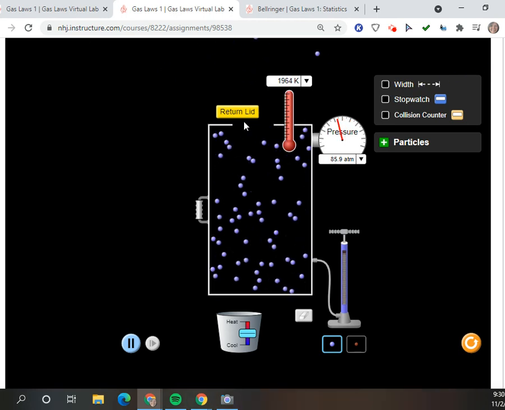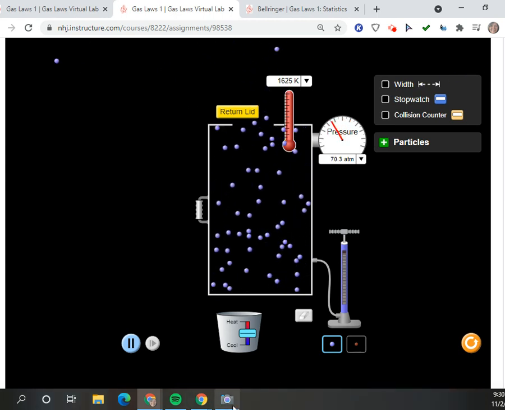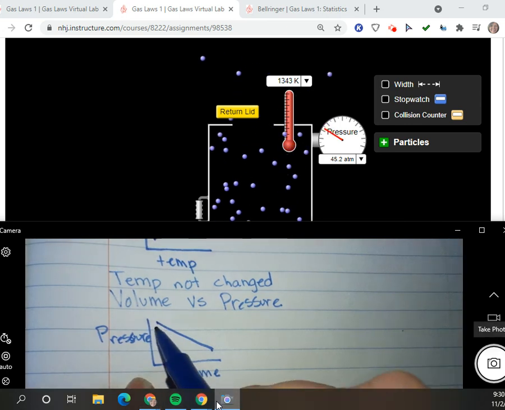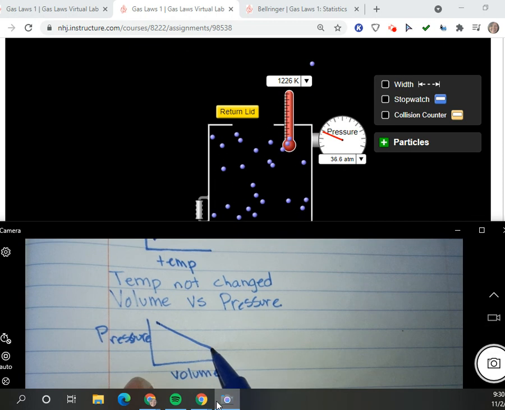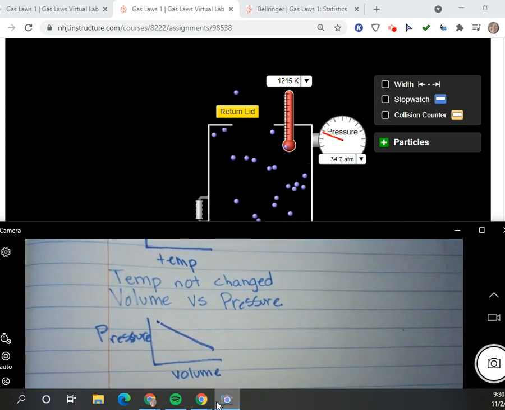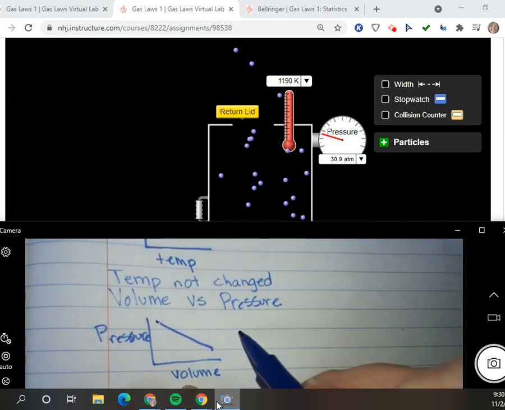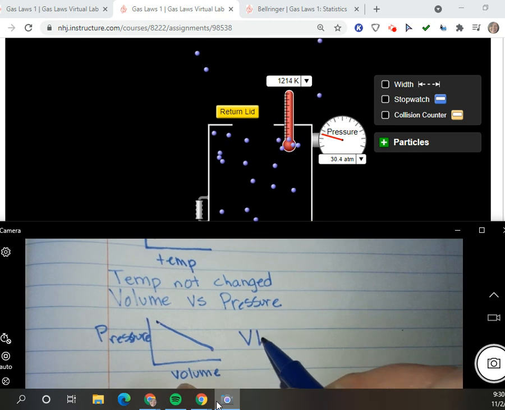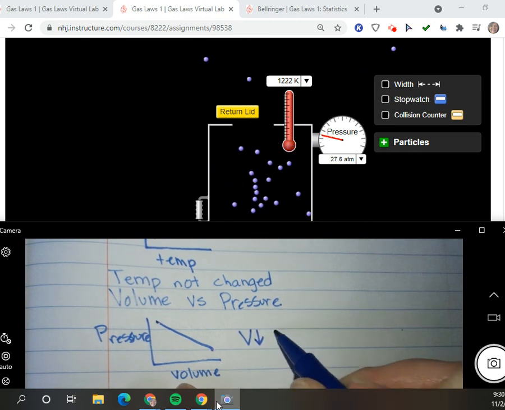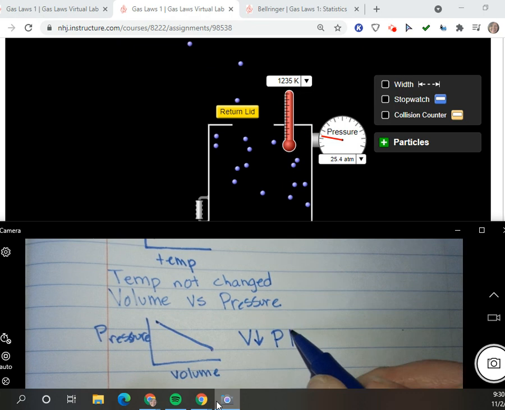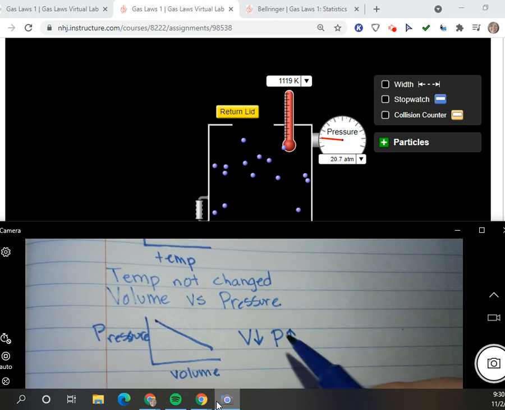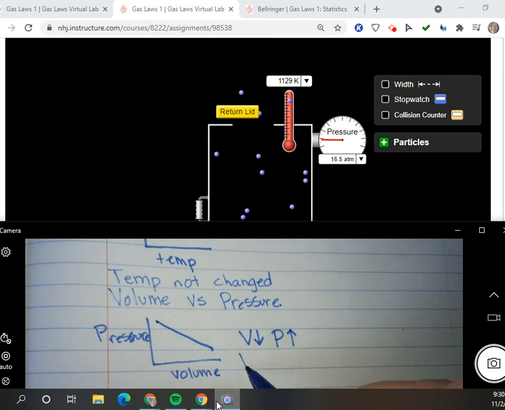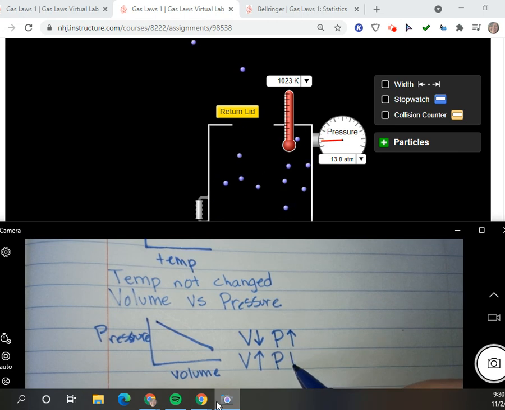So this time, and you cannot see what I'm drawing, if our pressure is really high when our volume is really small, our relationship goes the opposite way. So when volume went down, then pressure went up. And you could write it just for clarity: when volume went up, pressure went down.